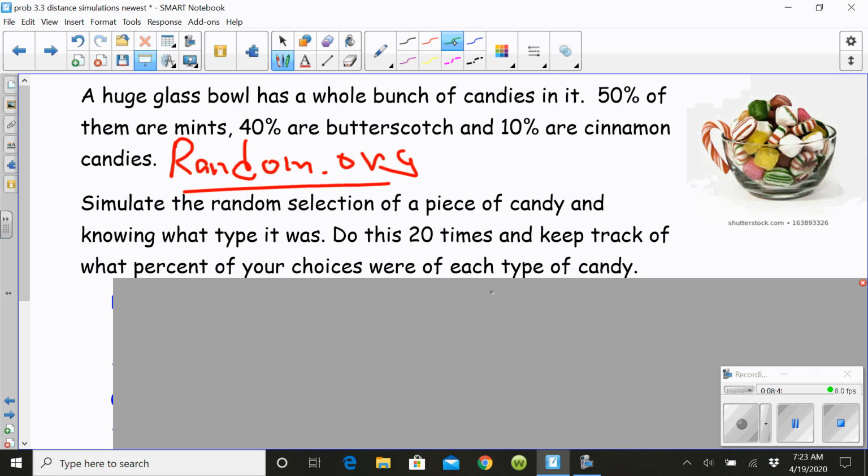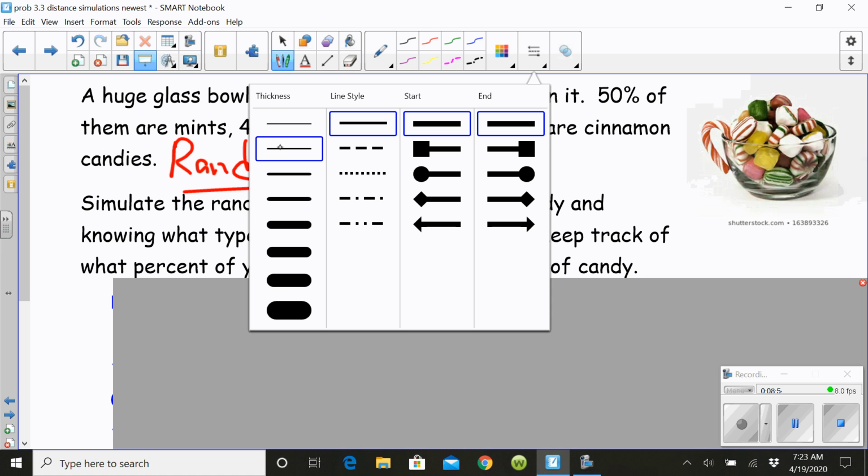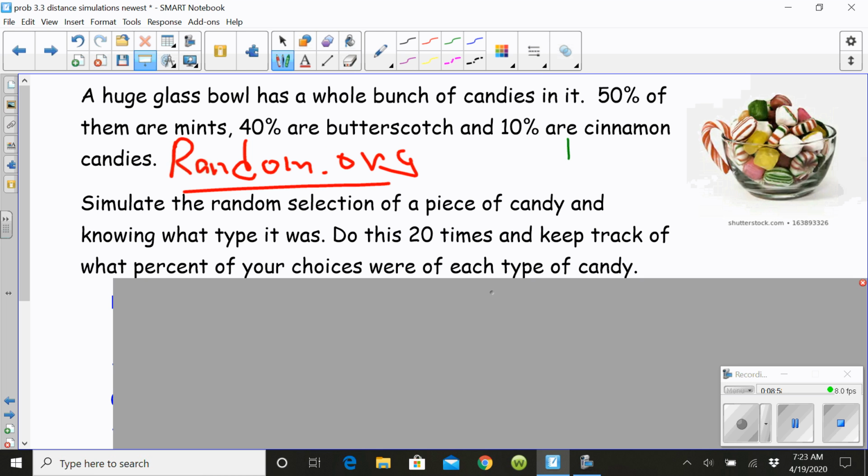But for those of you that have the Texas Instruments scientific calculator, when you hit your PRB key, the probability key, like we have been using for counting with permutations and combinations, if you hit PRB and keep hitting your right arrow key, you'll see RAND and you'll see RAND int.